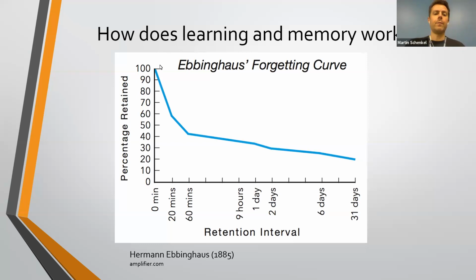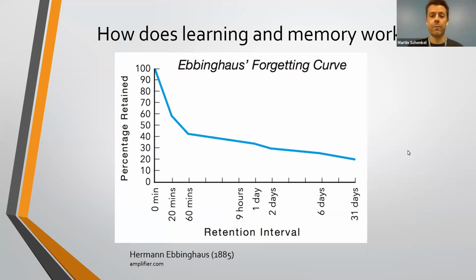We get up to our full knowledge input, where we're subject matter experts, and within an hour we forget over half of what we initially learned. After a few days, we're down to maybe a quarter or a third of what we initially learned. So this is a big impediment to long-term learning and memory.